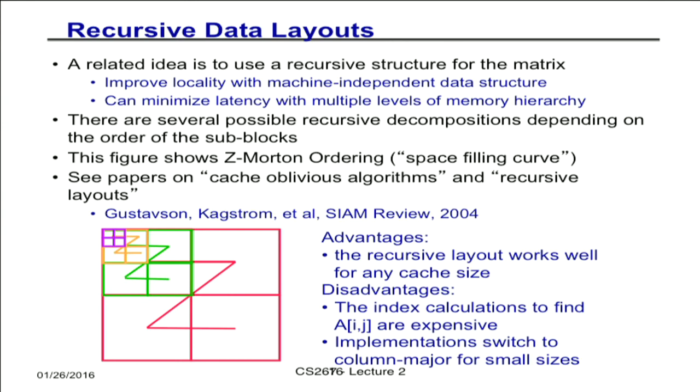Then eventually I'll pick up a submatrix of that, which is also a contiguous chunk of memory, and so on. That's true throughout the matrix whenever I pick up one of these blocks, as long as they're aligned with that recursive decomposition, so I'll get better spatial locality than with a row major or column major layout.